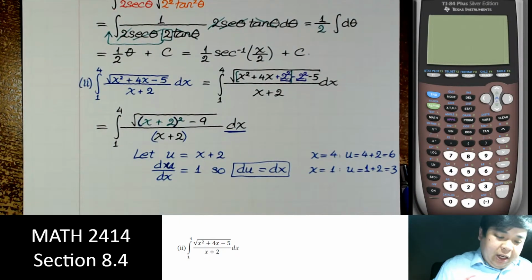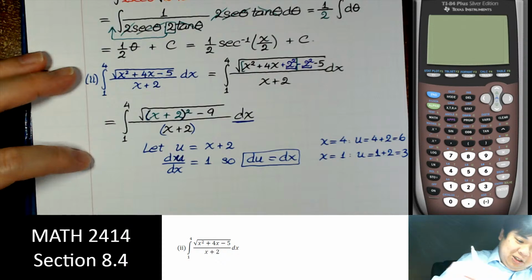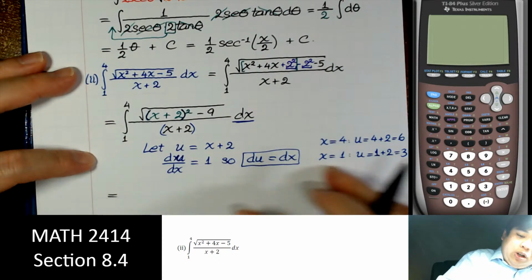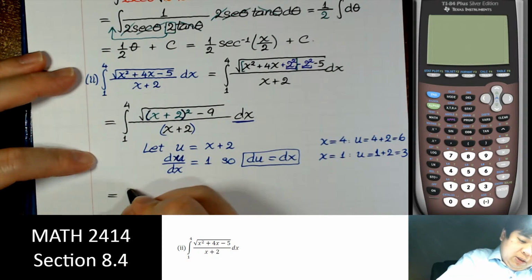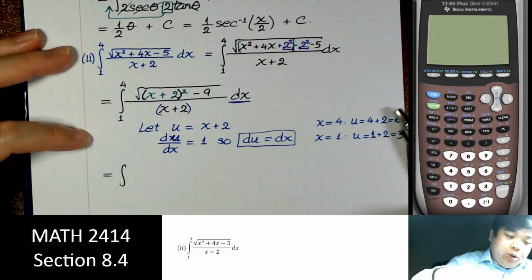Right. So just a preliminary substitution. When we do this substitution, the limits go from 3 to 6.